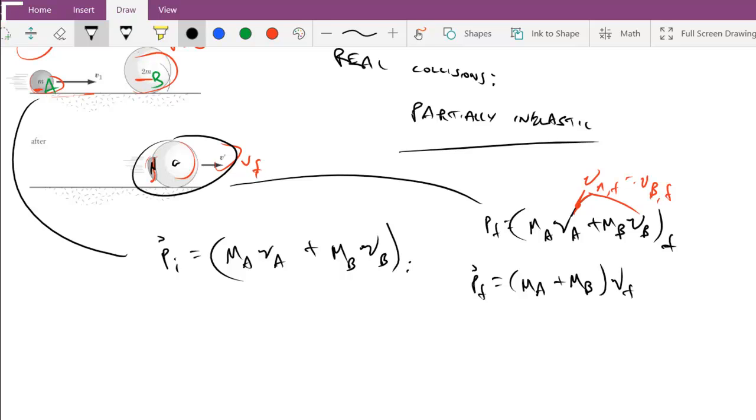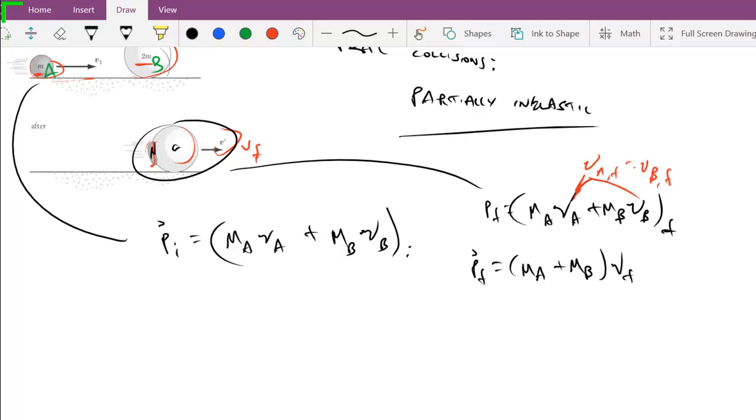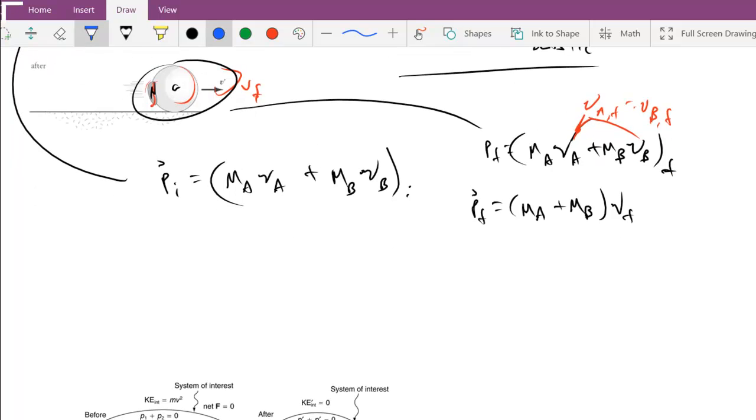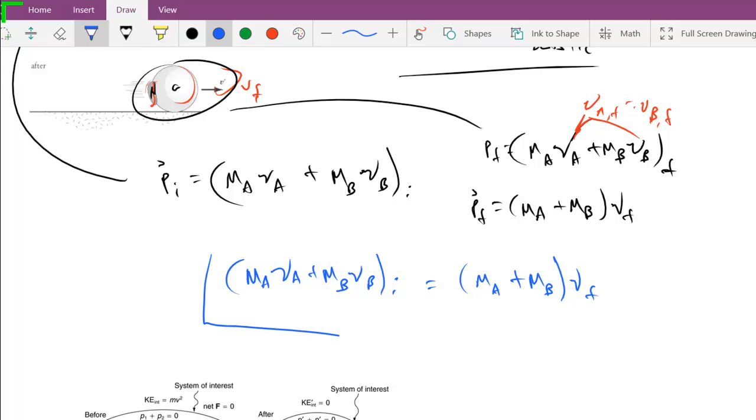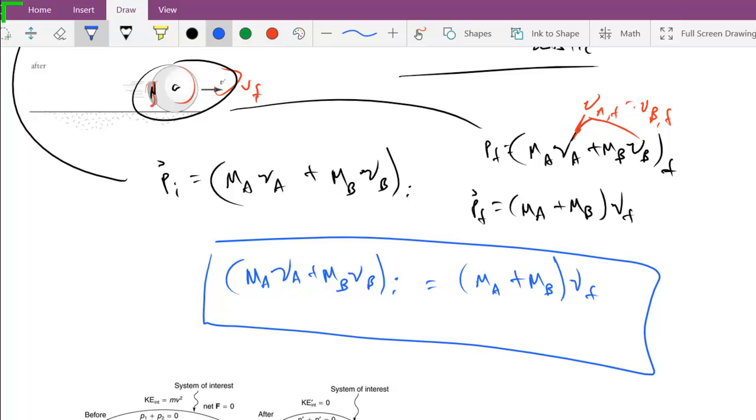So our conservation of momentum for a perfectly inelastic collision looks like this: mass A, velocity A, plus mass B, velocity B, initial is equal to mass A plus mass B, times their final velocity. This is conservation of momentum for a specific case, a perfectly inelastic collision.